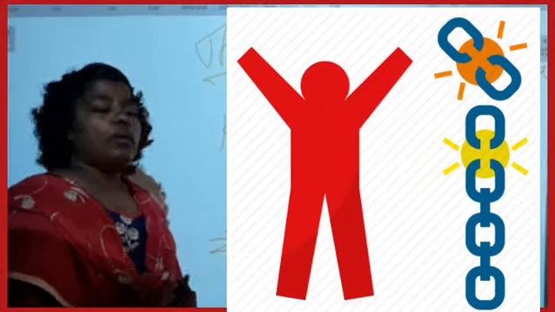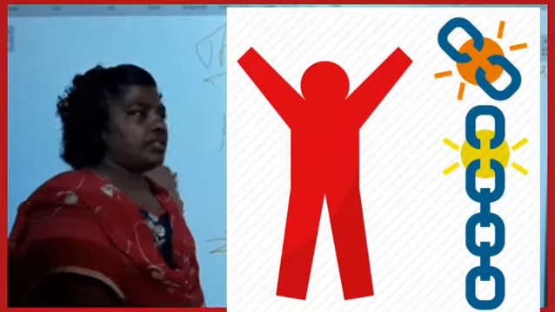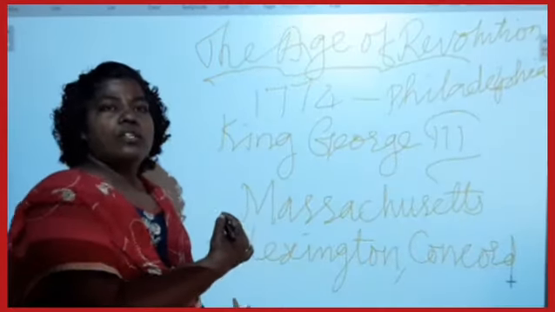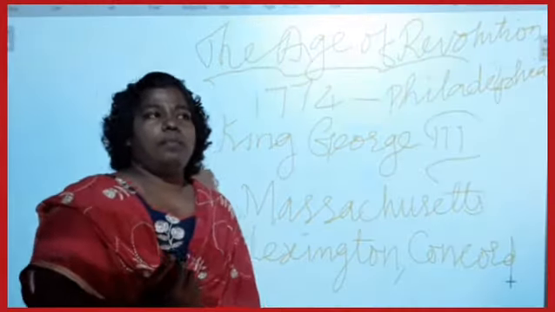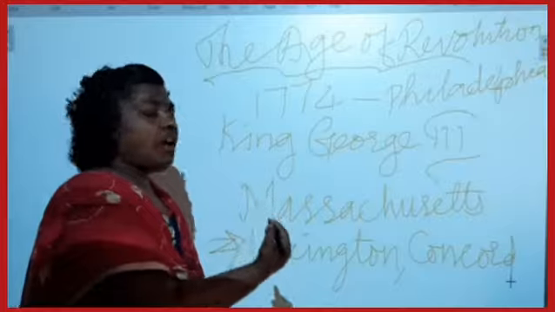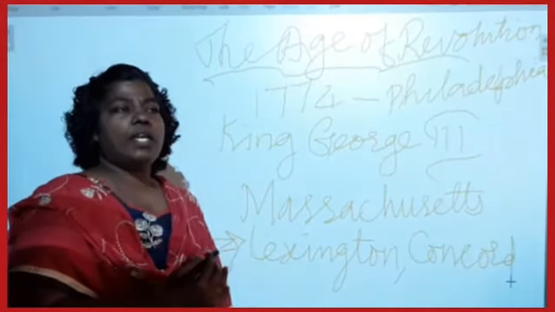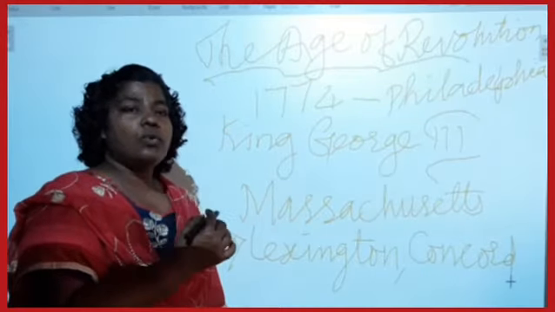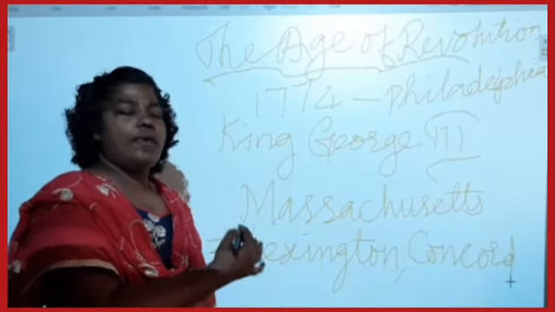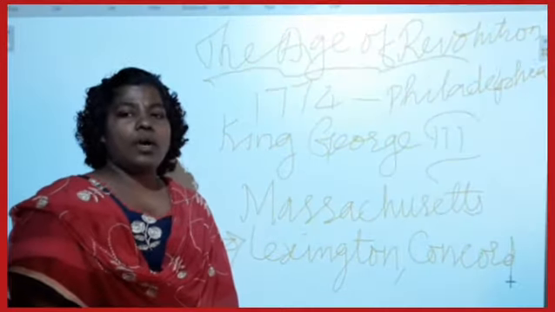They wanted to rule themselves and form their own government. They also brought the declaration that they have the right to rule themselves and to pursue a life of happiness. This was the demand of the British colonies.